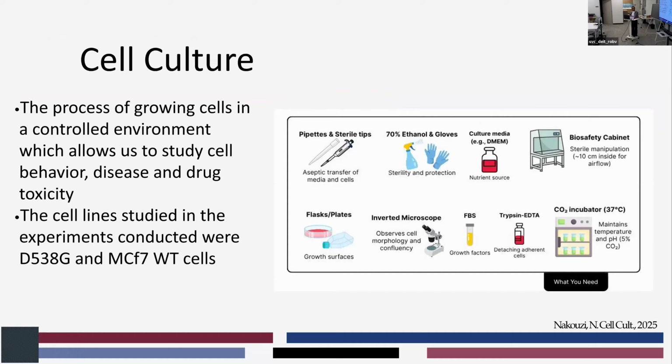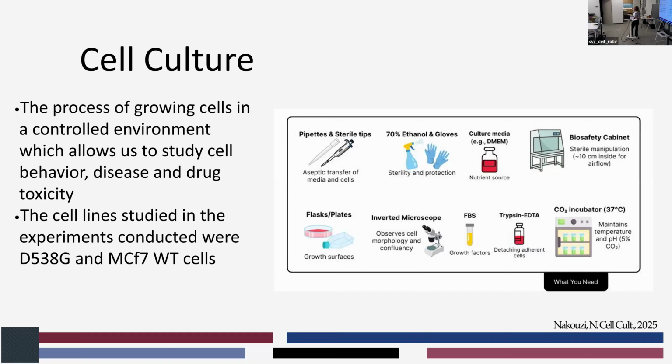So one of the methods that we use is cell culture. Cell culture is the process of growing cells in a controlled environment. It allows us to study cell behavior, disease, and drug toxicity. The cell lines we studied in this experiment were D538G and MCF7 wild type cells.